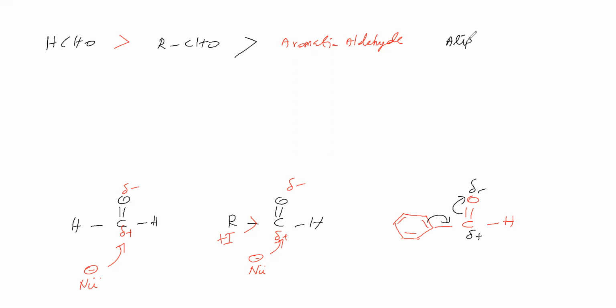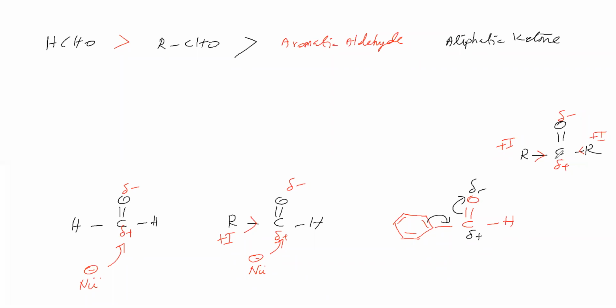Next, we will take aliphatic ketone. What is the nucleophilic addition here? We write the ketone like this. In the ketone, this carbon has a partial positive charge and oxygen a partial negative charge. The two R groups are showing plus I effect.